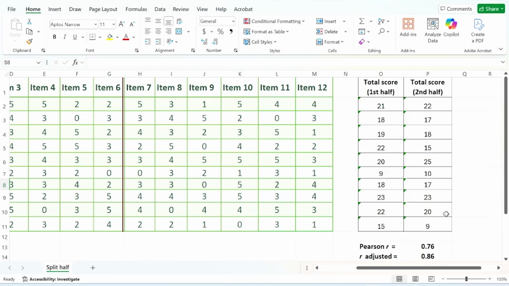Okay, we have got this answer here, 0.76, correct? After adjusting it, it is slightly higher, you see that? So that's how you do it.